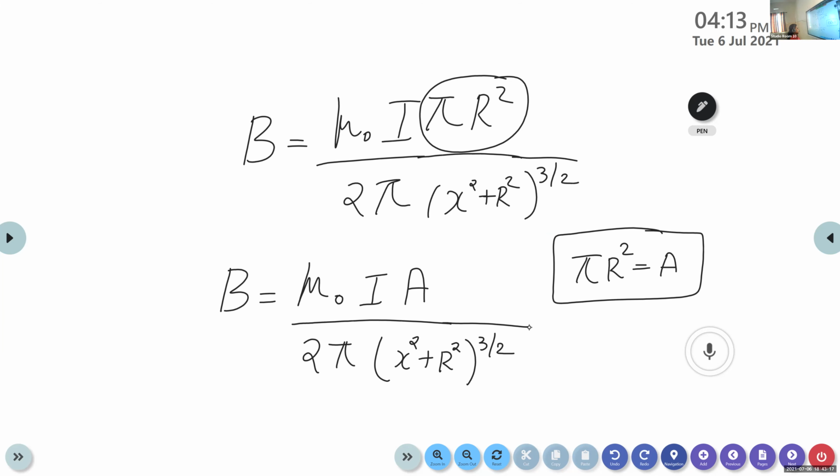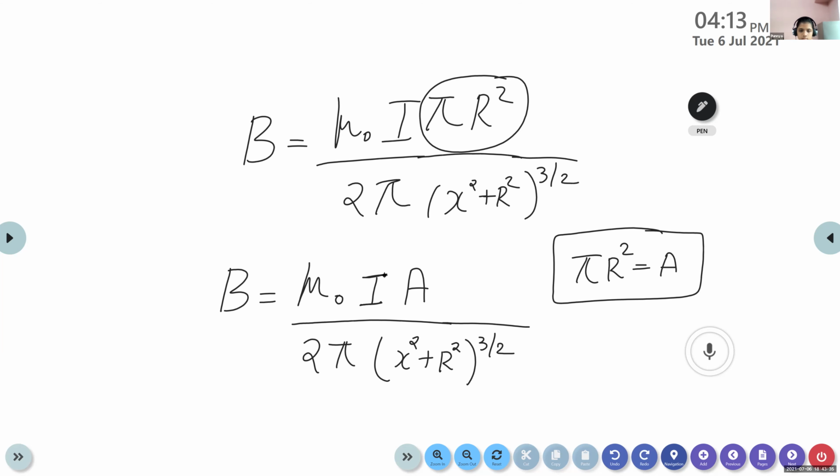Now, in the numerator here we have the product of current and area. What is the product of current and area of a current carrying conductor placed in a magnetic field? What does IA represent? Magnetic dipole. Very good.